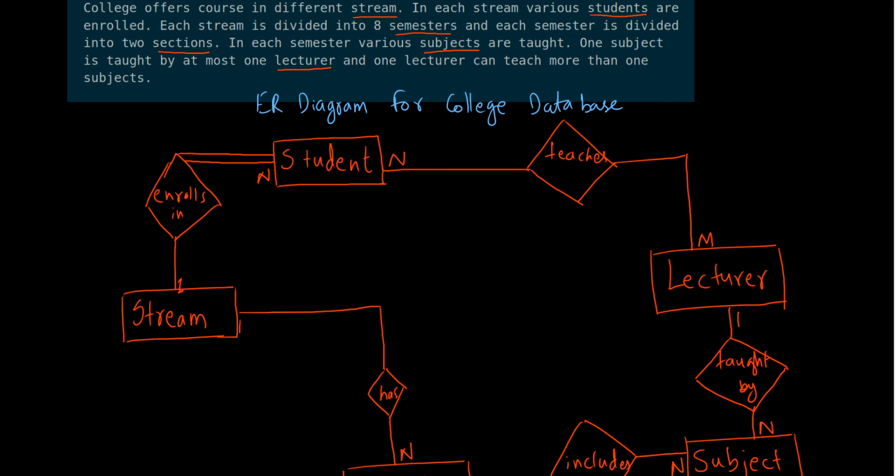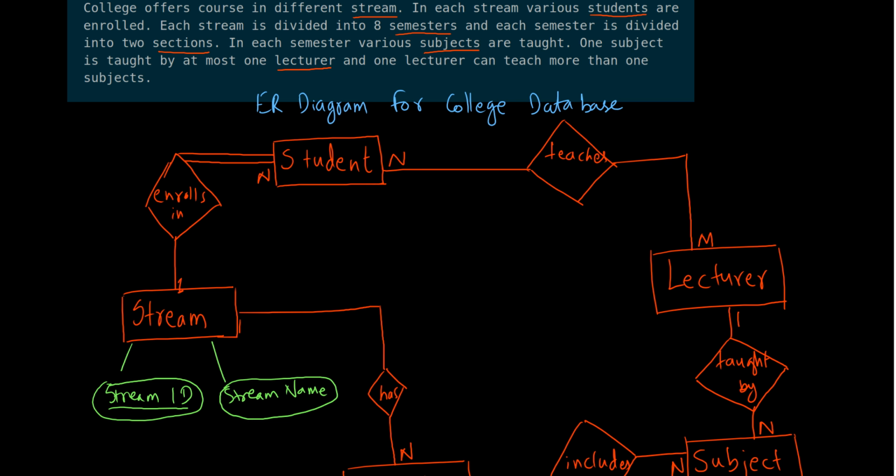For example, stream can have stream ID, and this is going to be the primary key for the stream, and stream name, and something very crucial, called year of starting or year of start, so that we know which batch this is.